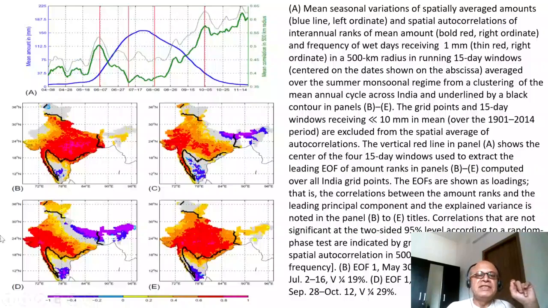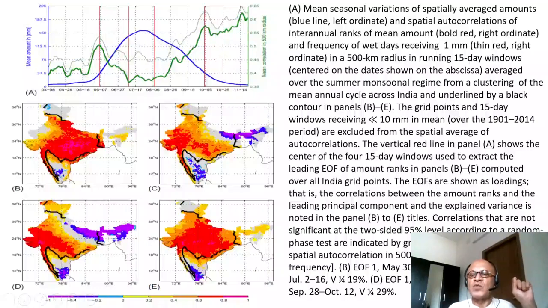So here mean seasonal variation is shown in blue, and spatial autocorrelations of interannual ranks of mean amount, so it's called bold red here, but actually it means green. So the bold green is showing autocorrelation of interannual ranks of mean amount. I will say what that is in a minute.